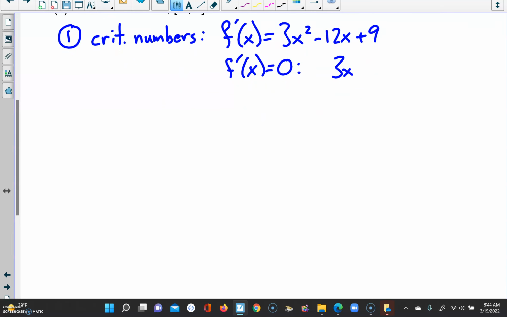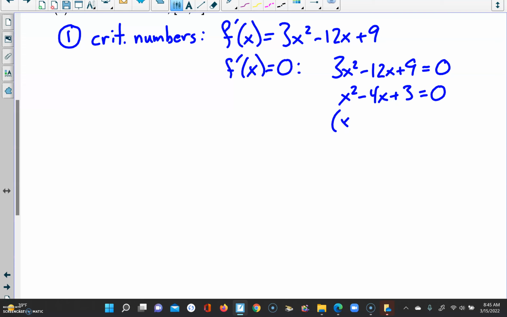So we'll set that 3x squared minus 12x plus 9 equal to 0, and then start breaking this down. I noticed the 3, the 12, the 9, all divisible by 3, so I'm just going to factor that out and get it out of there. So I'll have x squared minus 4x plus 3 equals 0, just dividing the whole equation by 3.